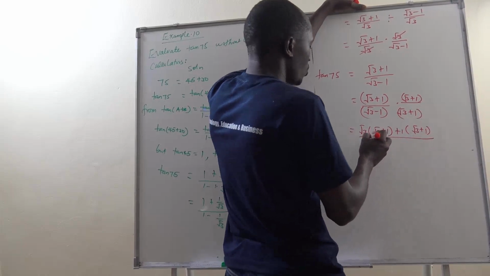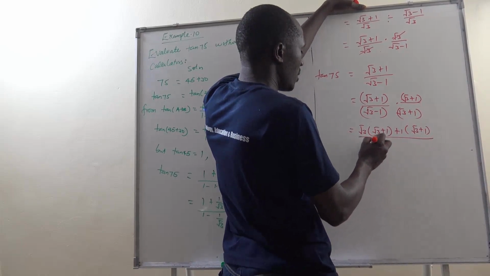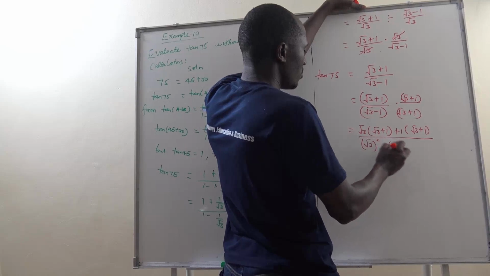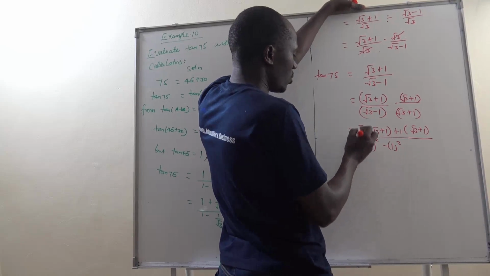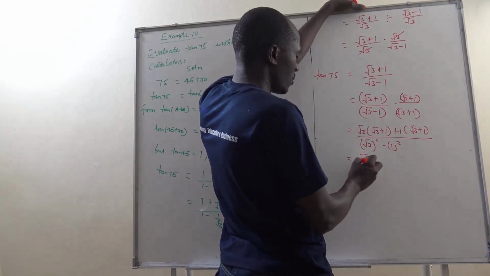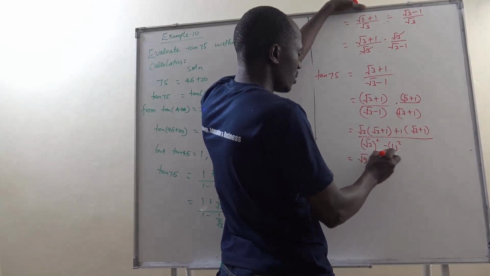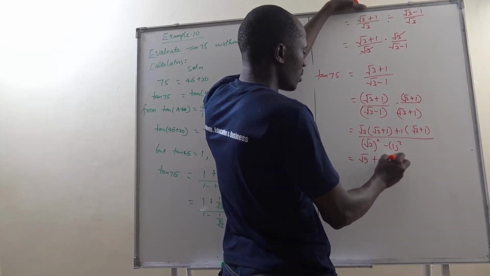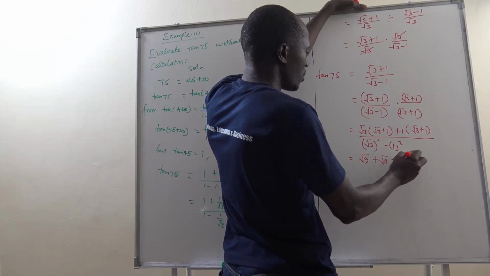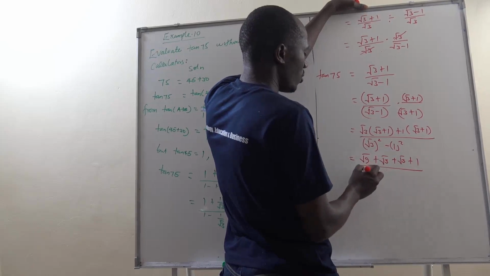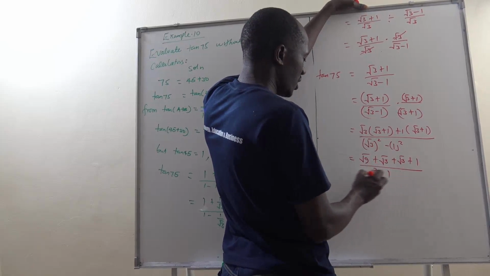This one is a difference of two squares, which becomes root 3 squared minus 1 squared. Root 3 times root 3, we are getting root 9, plus again root 3, again plus root 3, plus 1, all over 3 minus 1.